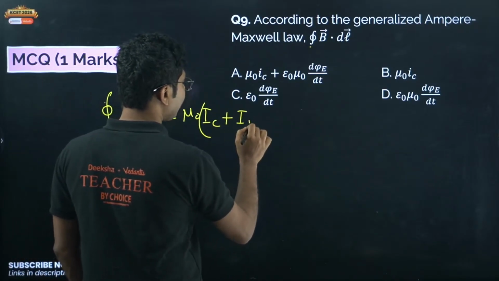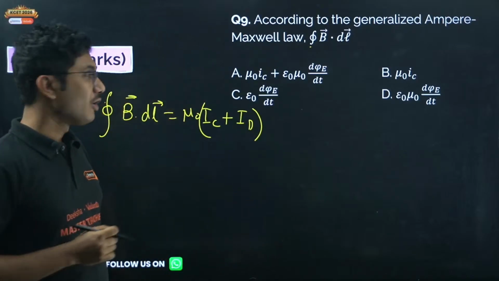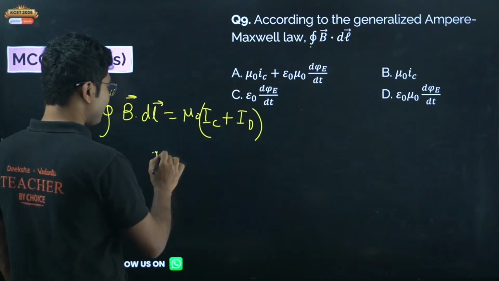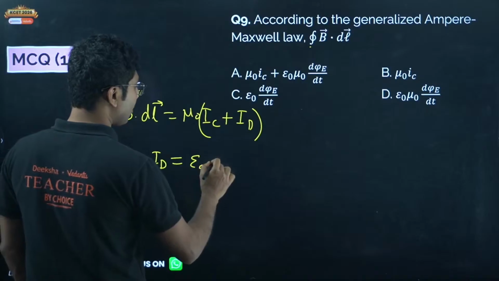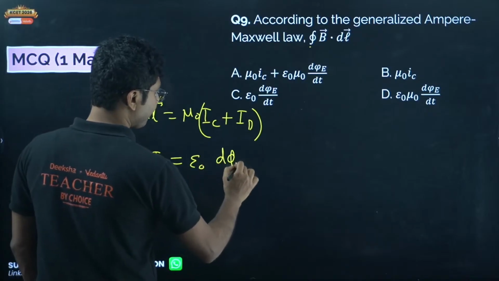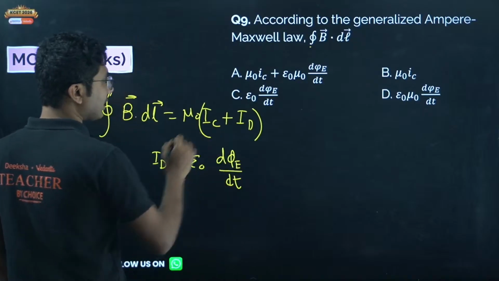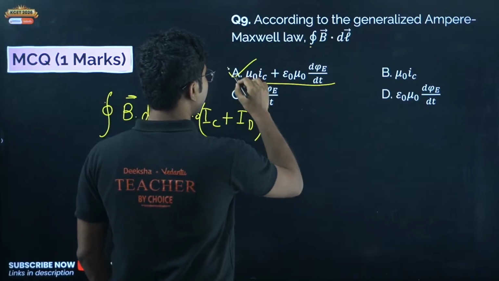There is a brother of it, which we sometimes ignore, which is actually the displacement current, and he gave the expression for displacement current as well. He said displacement current is epsilon naught d phi E by dt. So, if you put all these things together, you will get this as the expression for B dot dl. So, the correct answer is this.